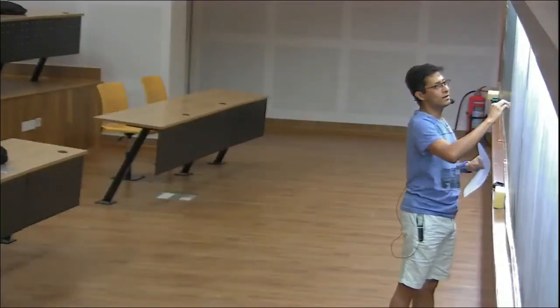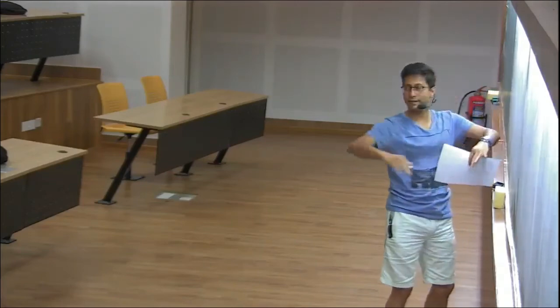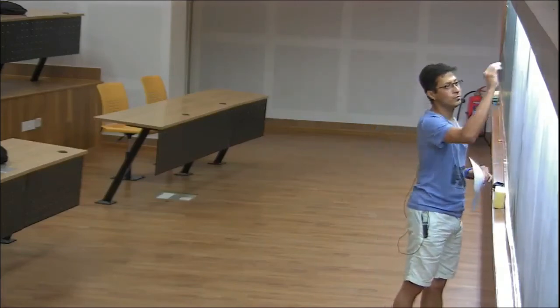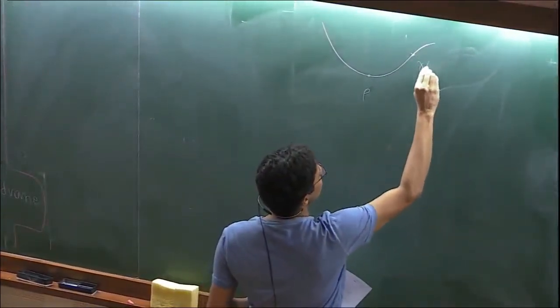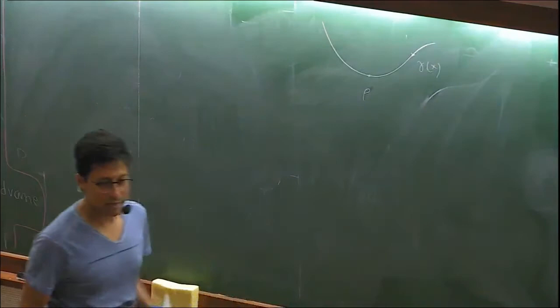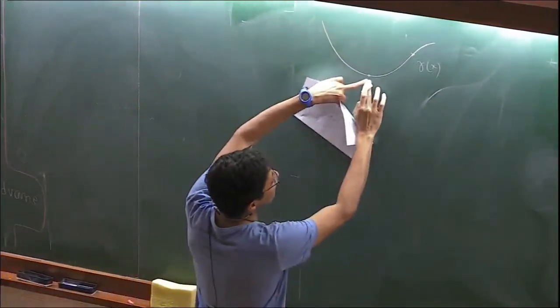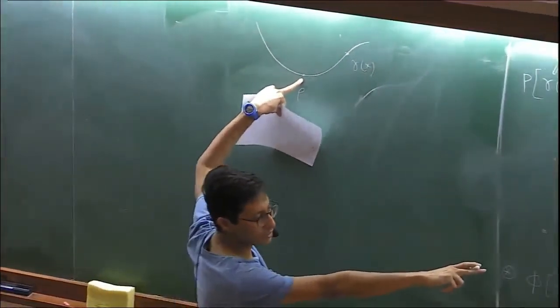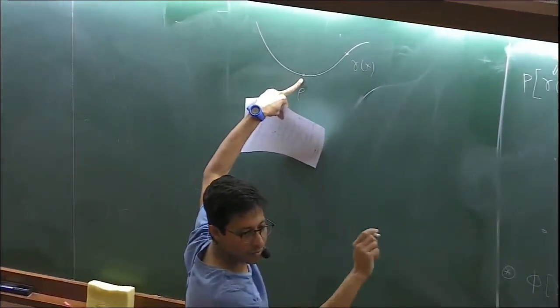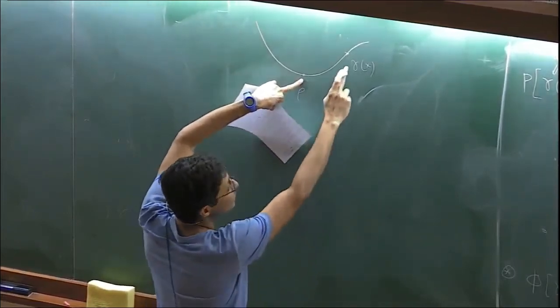So I have one position, where there is a most likely density profile, which is rho. And I'm asking, what's the probability of seeing another density profile, which is less likely? Starting here, I want to go uphill. So the solution of this equation will tell me the most likely path that will contribute if I want to go uphill.